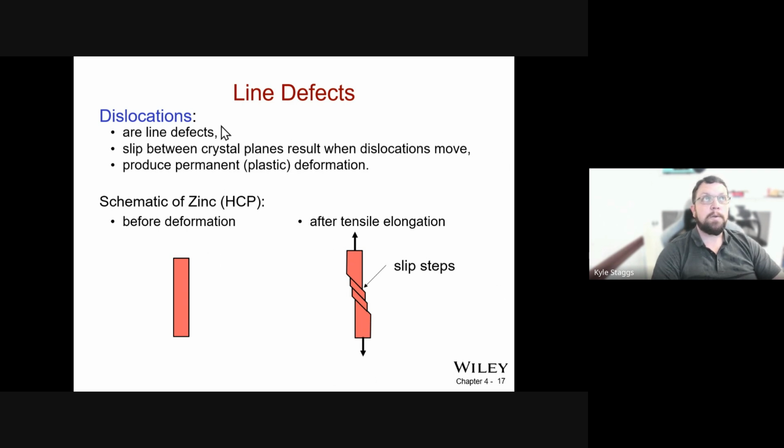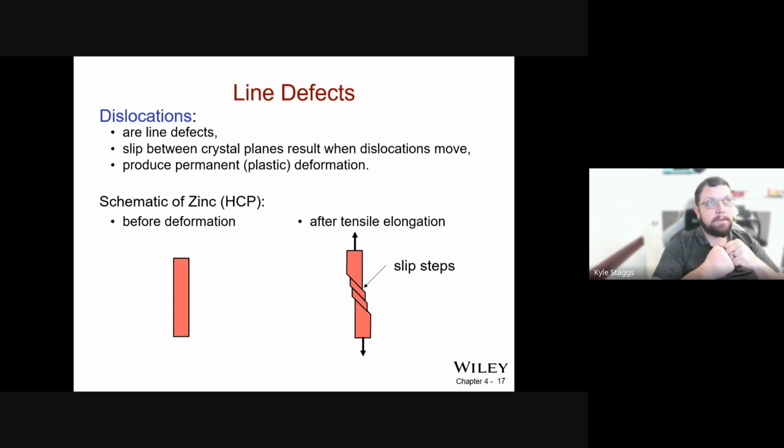So we're going to do a couple of things to understand how this works mechanically. Some of that is going to involve the tension testing that we're going to do in samples, and you're actually going to get to see these slip steps take place.